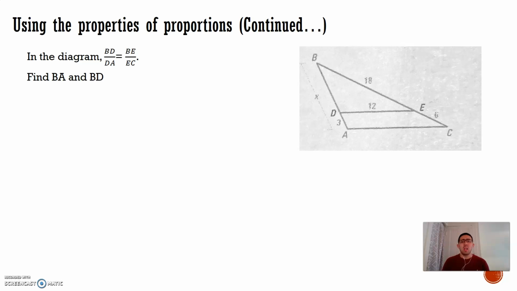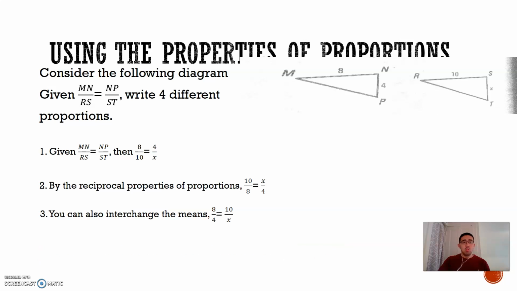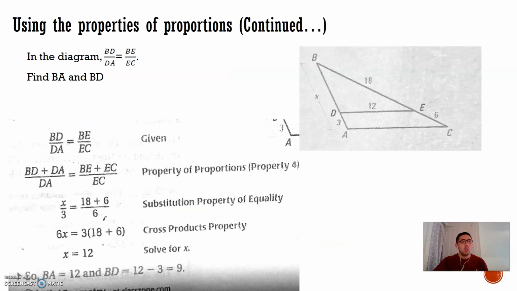They are trying to illustrate a point here. So what they're saying is, find BA and BD. The way that they do it is this. BD over DA is equal to BE over EC. So they use the property of adding the denominator. They take the DA and they add it, the EC and they add it. This is unnecessary, but that's the way they did it.